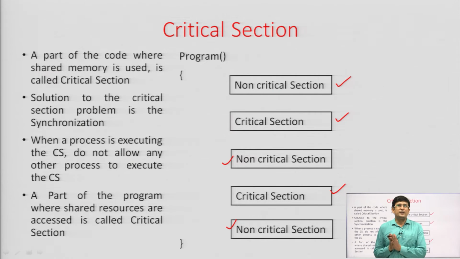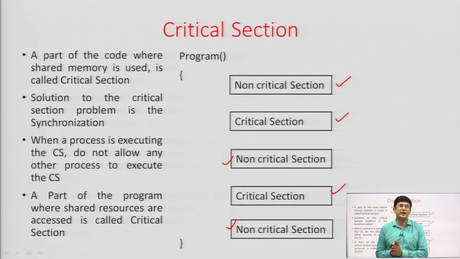Though this is the basic theme about synchronization, that the critical section has to be securely accessed. Securely means when one process is using the critical section, the other ones should be restricted from using the critical section.